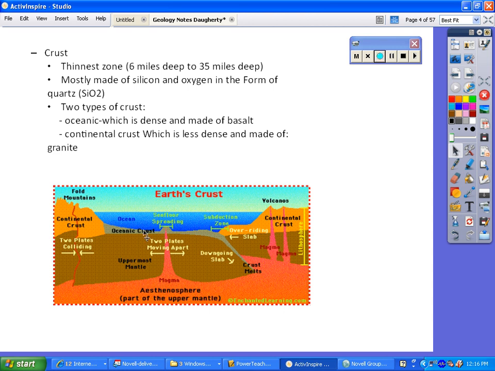So here you can see some oceanic crust, some oceanic plates that are being moved apart, and again we're going to talk about that here in a second. Here we have some continental plates that look like they're being pushed together. Here we have some volcanoes forming in continental crust. So again, we're going to get into all of those different scenarios that can happen with different types of plates.